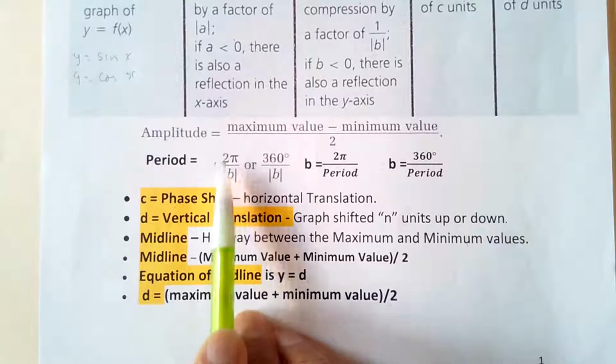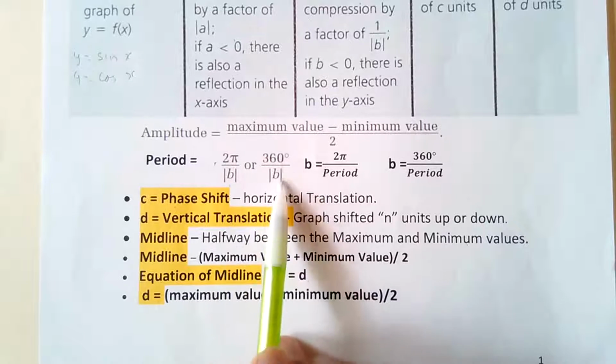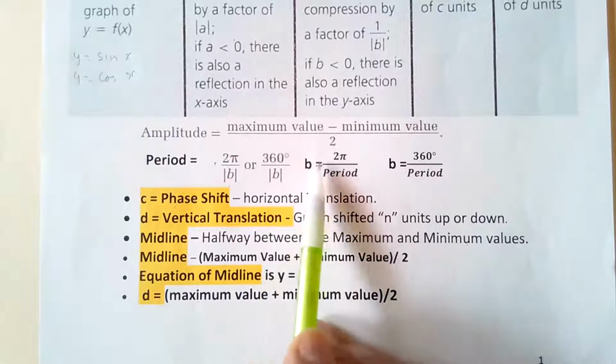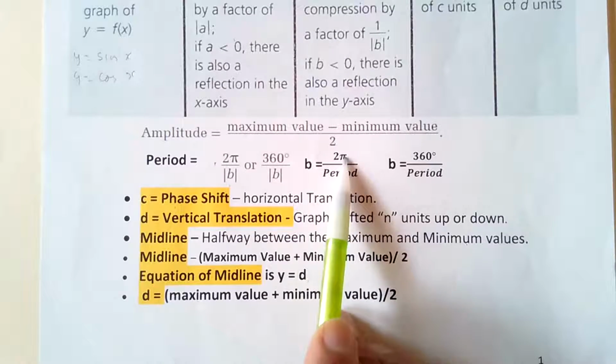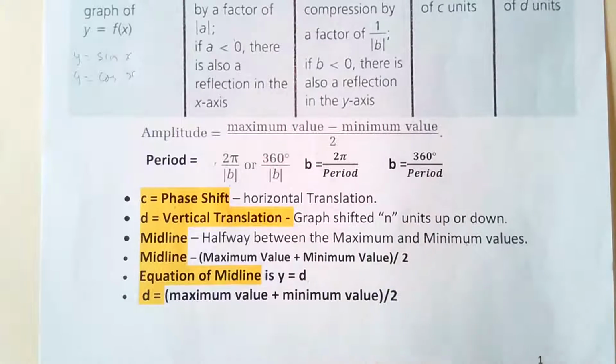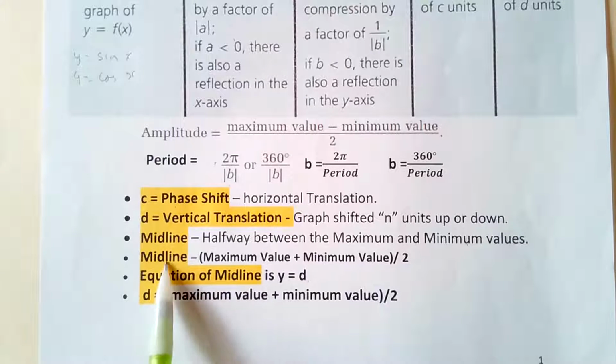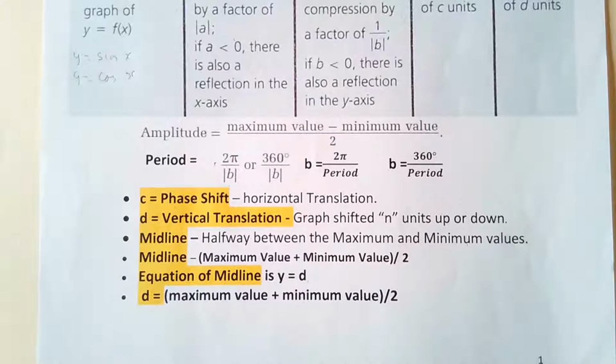The period is 2 pi over B, or 360 over B. Or if you want to find B now, it's 2 pi over the period, or 360 over the period. I also indicated your midline. Your midline equation is basically your D value. Whatever your D value is will give you your midline.